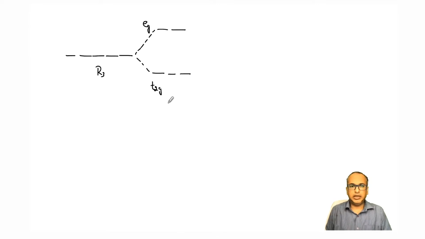So in that case, you will again start with R3 and you will go to T2G and EG under octahedral, and now the reverse will happen.